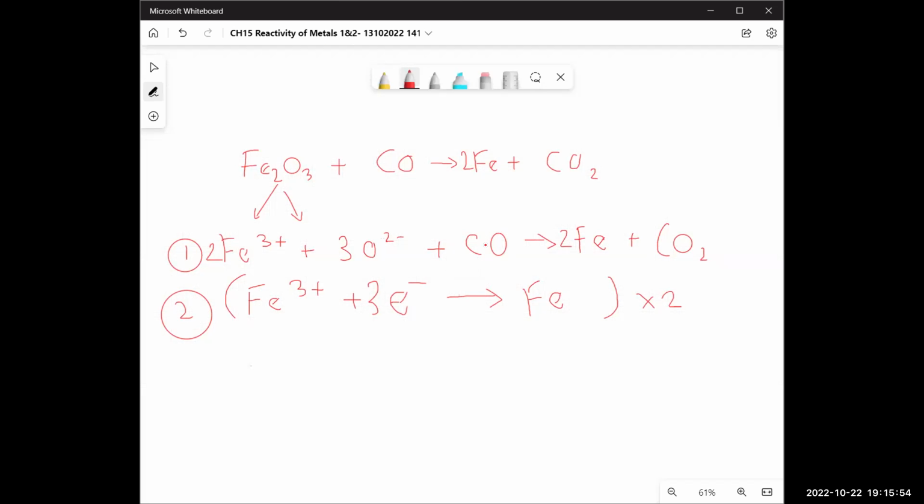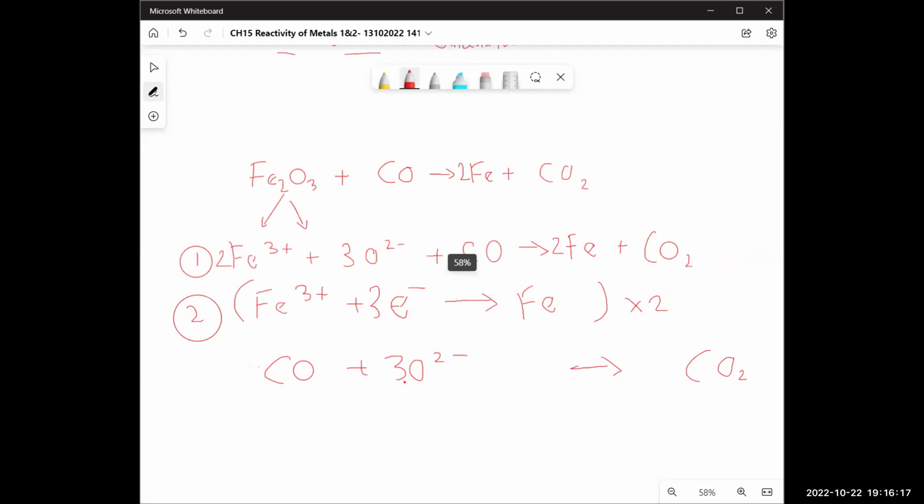Sir, in this case, won't we cancel the CO from both sides? That's carbon dioxide and that's carbon monoxide, right? So what's happening is CO plus 3O2 minus gives us CO2. But we have 3 of these.